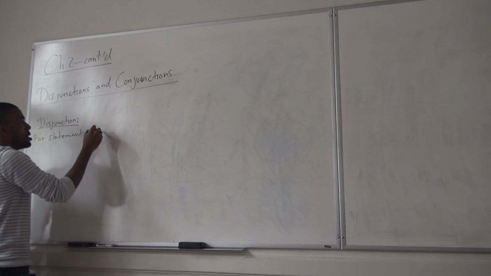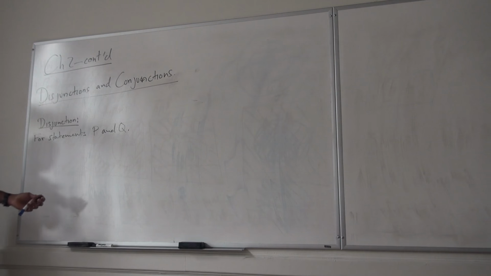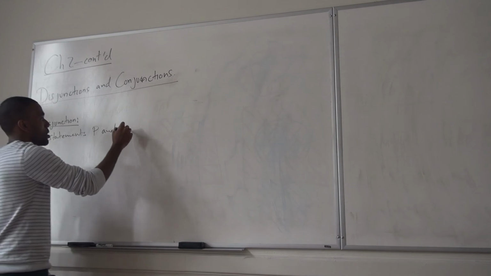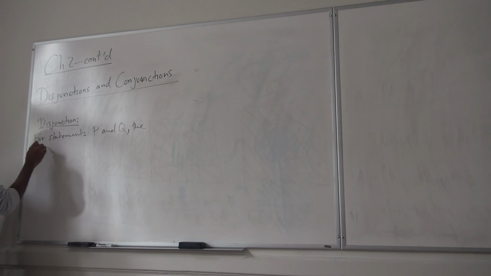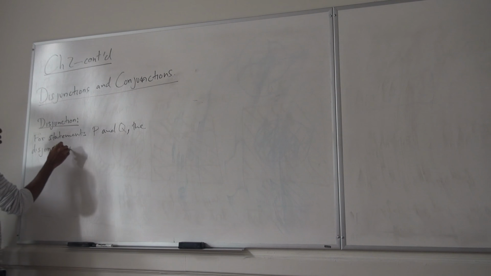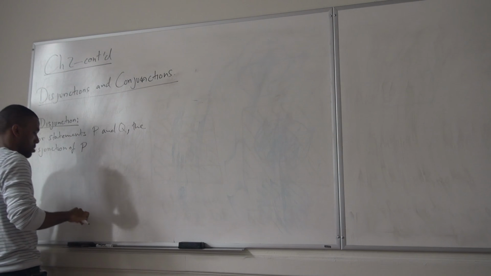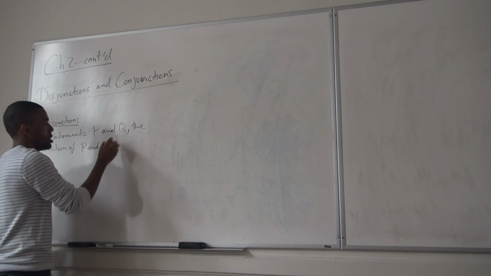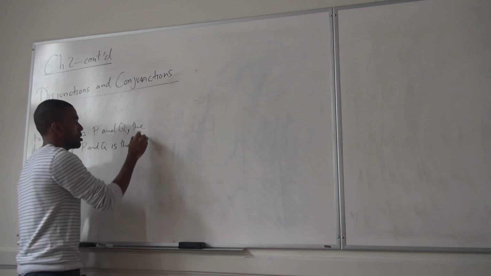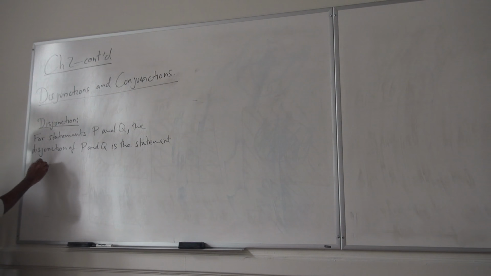For statements P and Q, declarative sentences that can be true or false, but not both, the disjunction of P and Q is the statement P or Q.